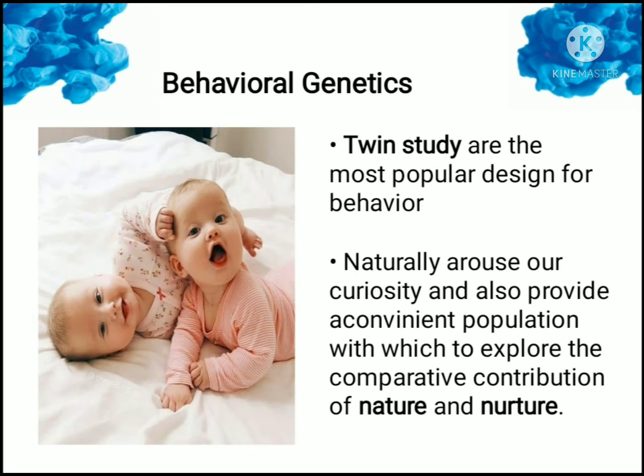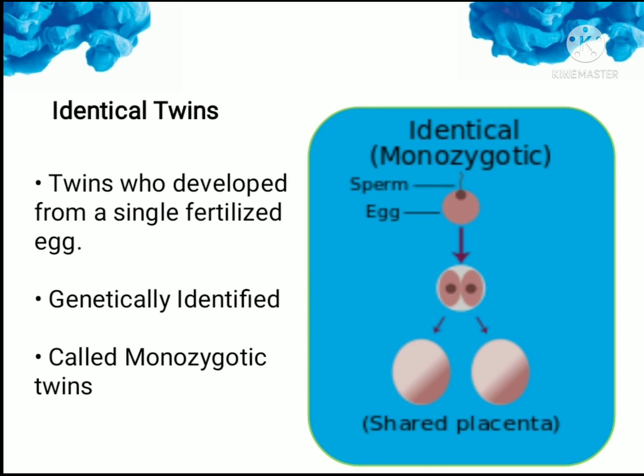First, let us define identical and fraternal twins. Identical twins are twins who develop from a single fertilized egg. They are genetically identical, and are also called monozygotic twins.